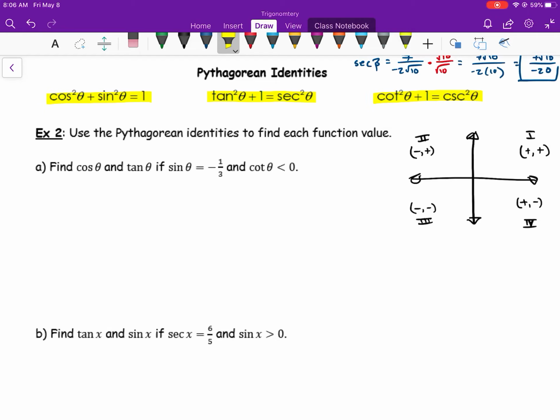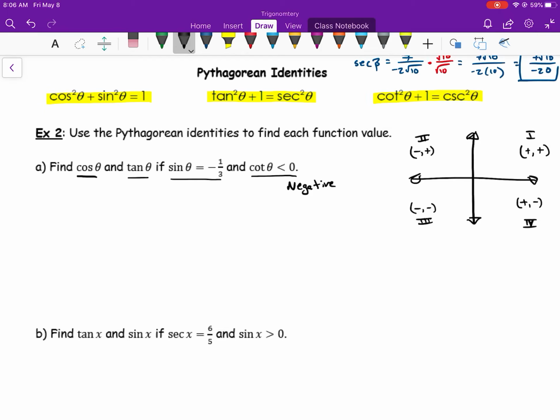All right, so as we read example 2, part A, this tells us to find cosine and tangent if sine of theta is negative 1/3. Also, cotangent of theta has to be less than 0, which means it is negative. So back to why I drew the quad chart.